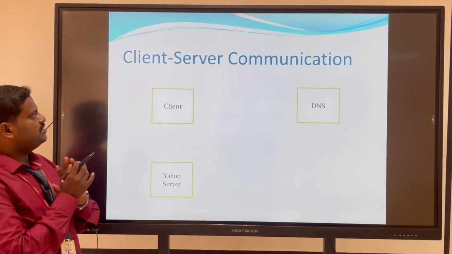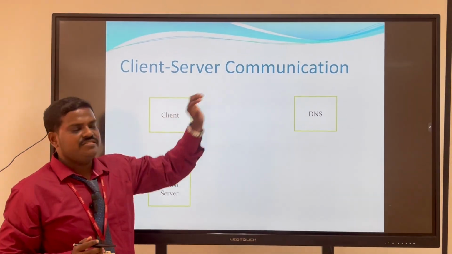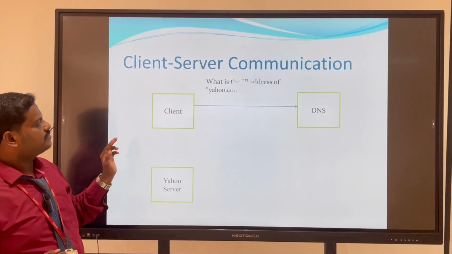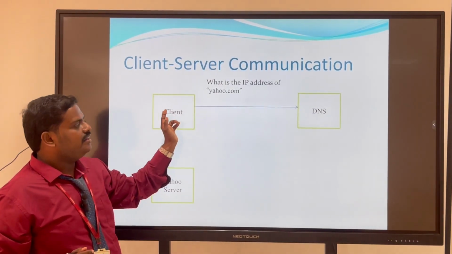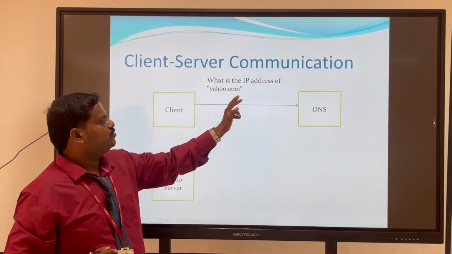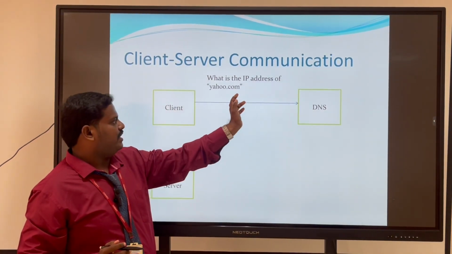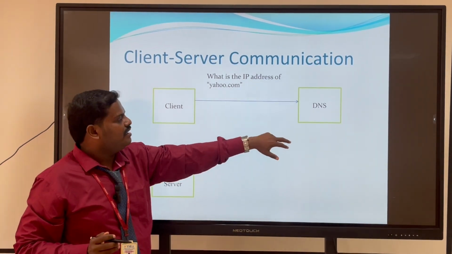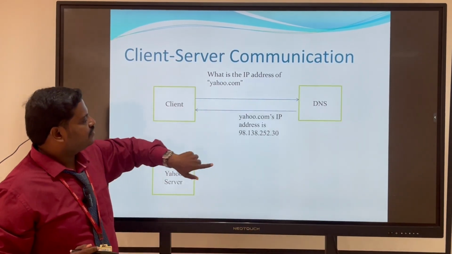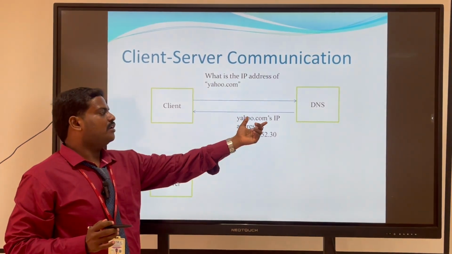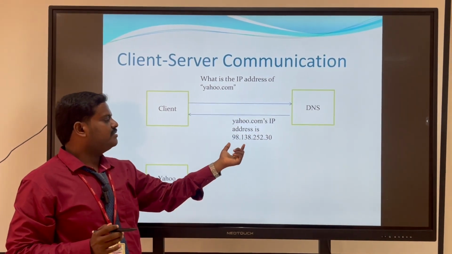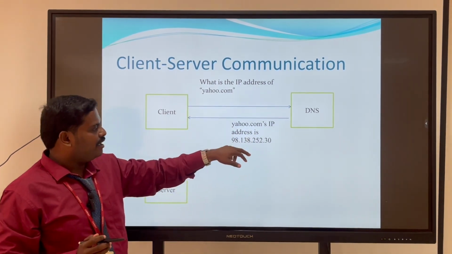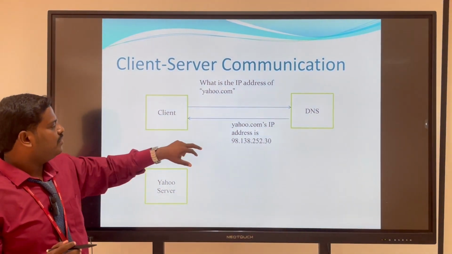The next is the basic concept, the client server communication basic logic. Step 1, the client will send a request for the IP address to a particular DNS. In this example, yahoo.com, we send it to a DNS server. The DNS replies that yahoo.com has the IP address 98.138.252.30.